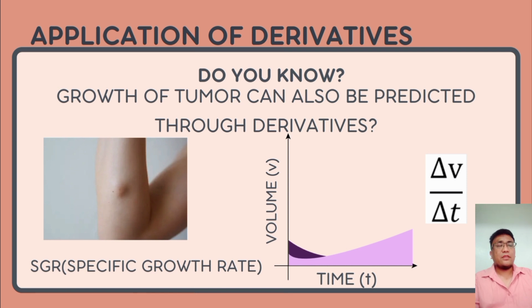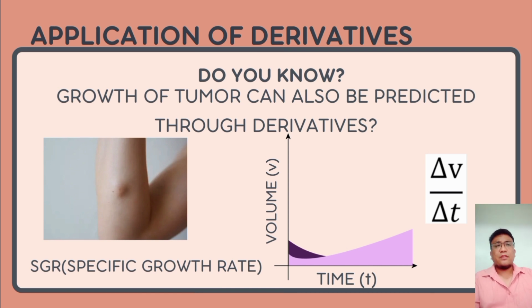They are using the graph of the volume of the tumor over time. So if they see that the growth is rapid, then they will suggest some medication and actions for the patient to perform.